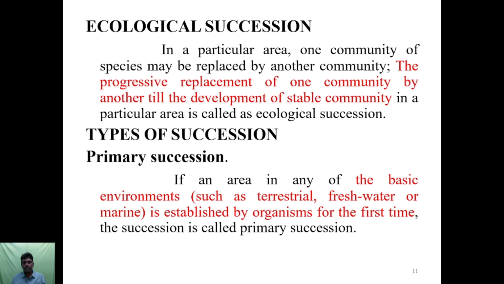This ecological succession has different types. The first type is primary succession. If an area in any of the basic environments such as terrestrial, freshwater or marine is established by organisms for the first time, the succession is called primary succession.